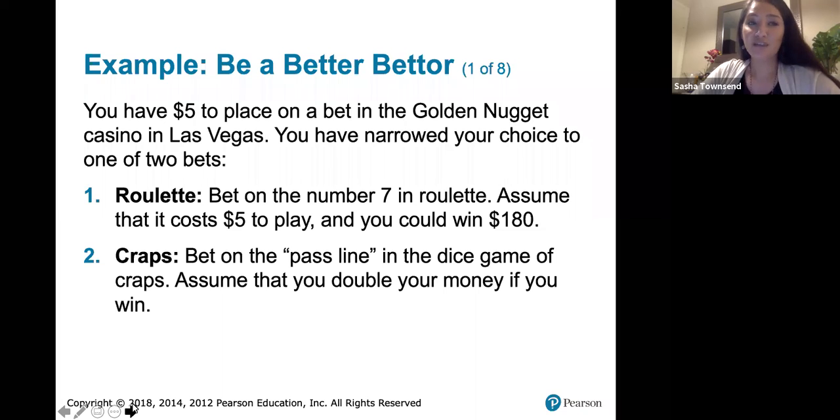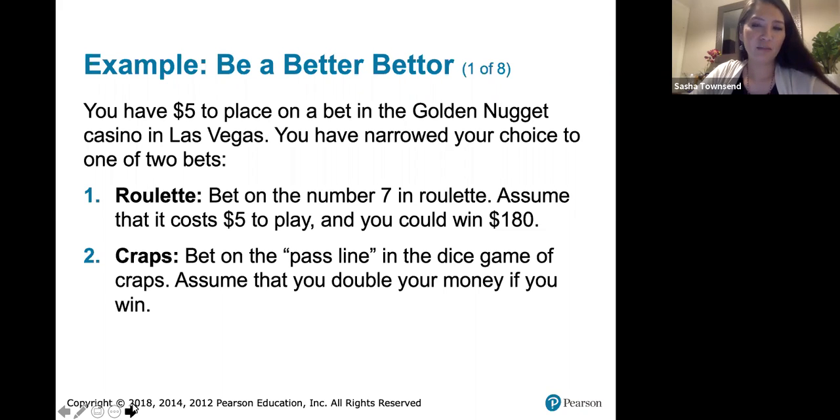Now let's say you've got $5 to place on a bet at a particular casino in Las Vegas, and you've narrowed your choices down to one of two bets. You're either going to play roulette and bet on the number 7. It'll cost you $5 to play, but if you happen to win, you'll win $180. Or you're going to play craps. Here you're going to bet on the pass line.